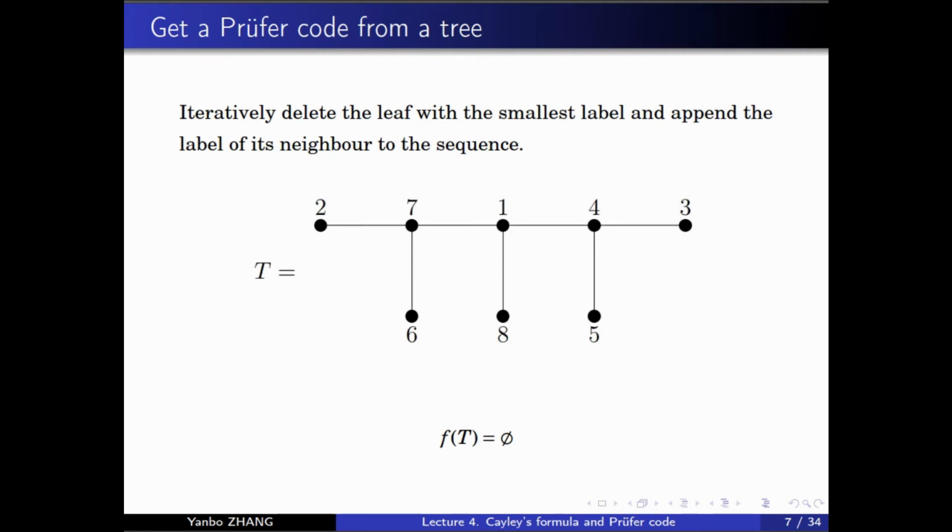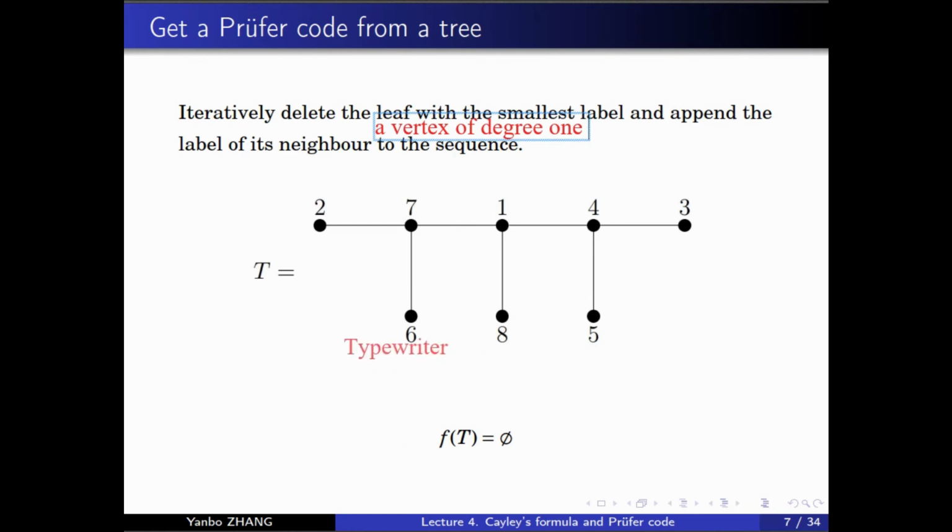Let's see if we can figure it out with an example. We want to build the Prufer code of a tree. This is a tree of order 8, so its Prufer code has 6 numbers. Now step number 1, find a leaf which has the smallest label. Recall that a leaf is a vertex of degree 1.